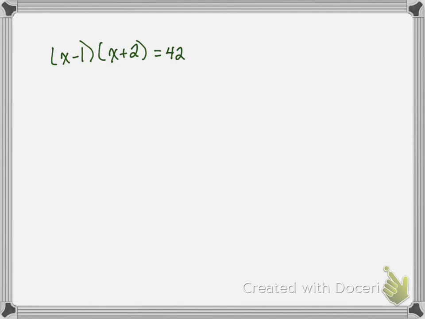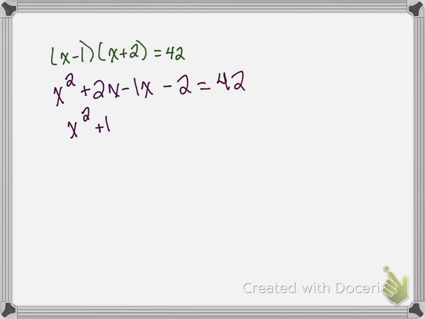So I'm going to have x squared plus 2x minus 1x minus 2. Is that right? Okay. I can simplify that to x squared plus 1x. And I've got to move that 42 over.